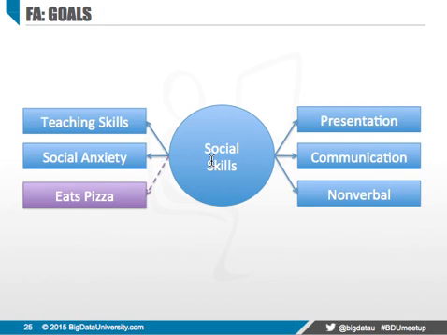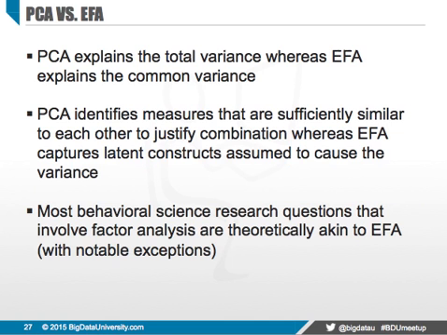Quite naturally, individuals with high social skills do not necessarily eat more or less pizza, or like pizza more or less, in comparison to individuals with low social skills. So social skills are probably not going to be well estimated by including the eats pizza variable in the data set.